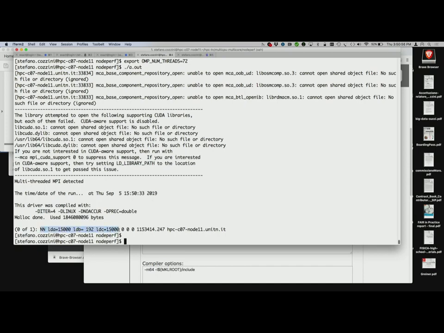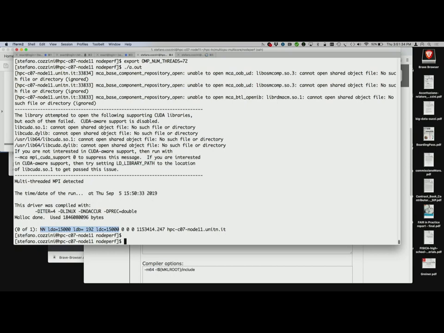By the way, what is this doing? This is simply a matrix-matrix multiplication on a matrix size of 15,000 elements. So we are multiplying square matrices of 15,000 by 15,000, and the size is relatively small for the overall architecture that we have.